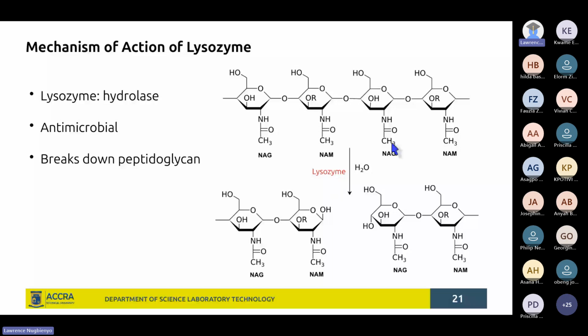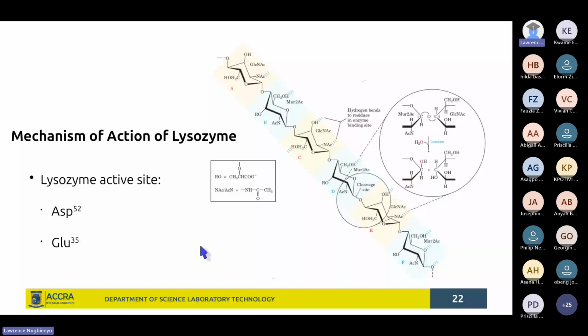You can see it more clearly here, where in the lysozyme active site you have aspartic acid and glutamic acid. These will be having some interaction with these hydroxyl groups, and even the hydroxyl groups of the acetyl group of the N-acetylglucosamine in the active site.